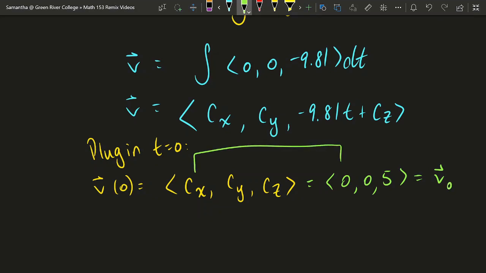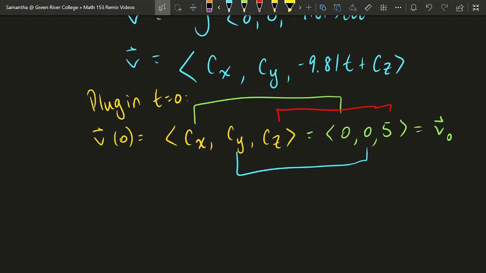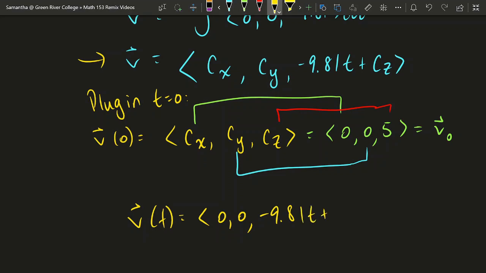Matching the two x's, matching the two y's, and matching the two z's tells me that cx must be 0, cy must be 0, and cz must be 5. So we've gotten the object's velocity. I'll replace in this expression the cx with the 0, cy with 0, and cz with the 5.